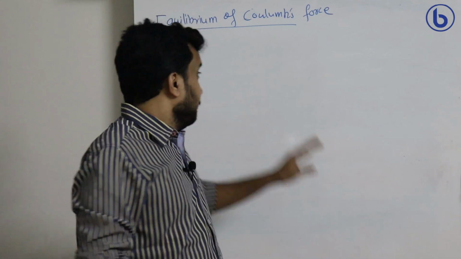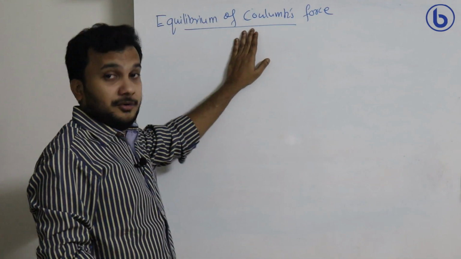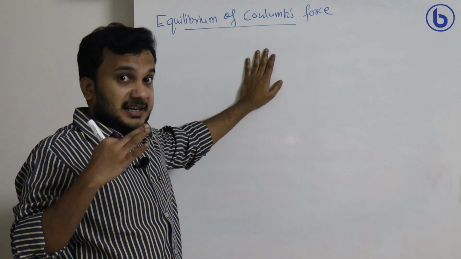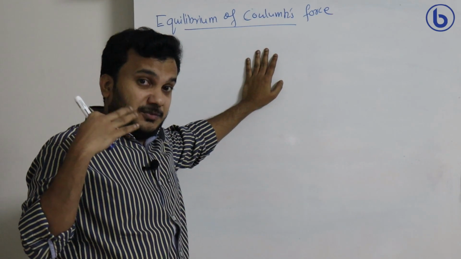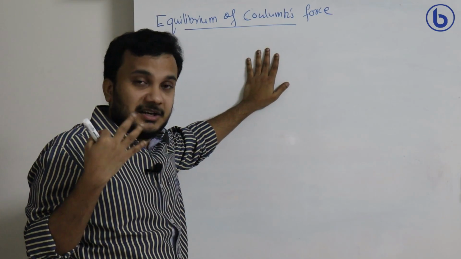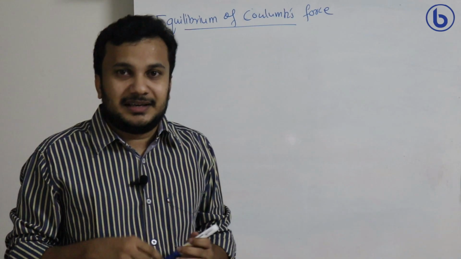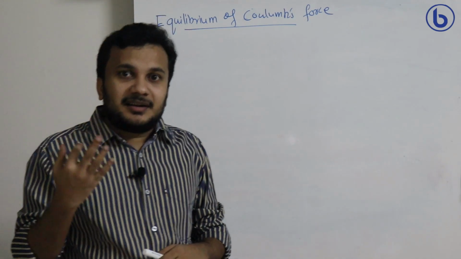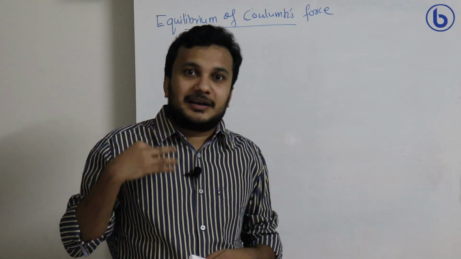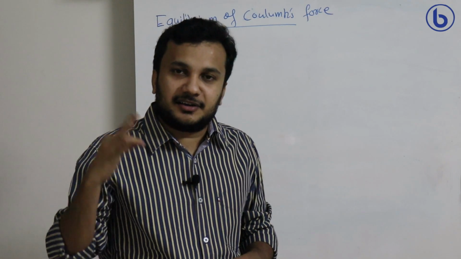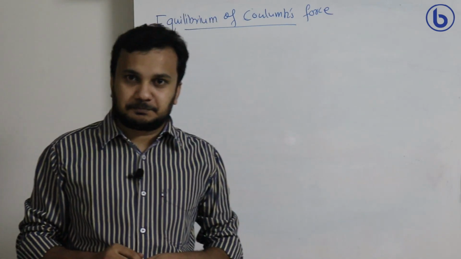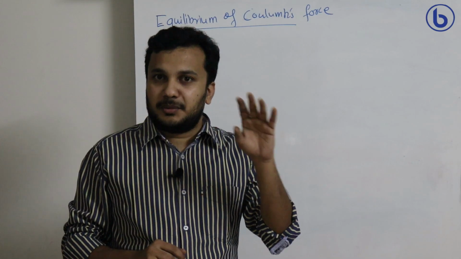So under the equilibrium of Coulomb's forces, we have seen 3 types of equilibrium situations. These 3 types will ask us 3 different questions for NEET as well as for JEE examinations. Okay, so we'll go one by one.